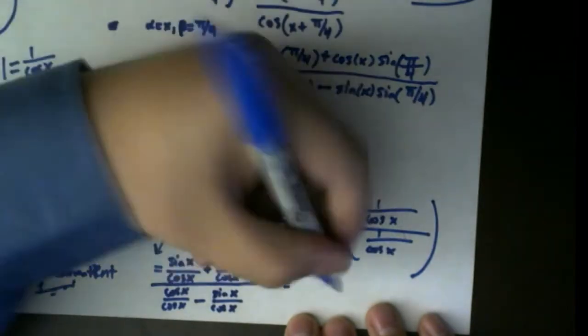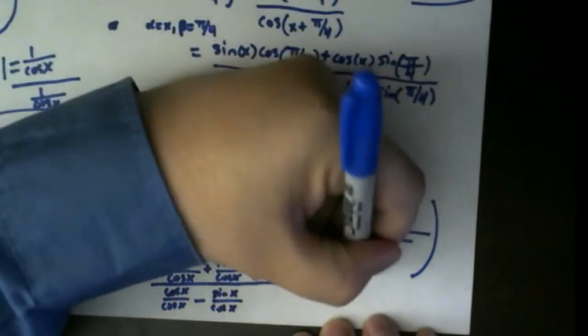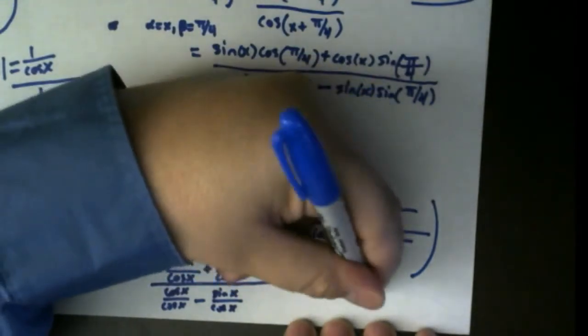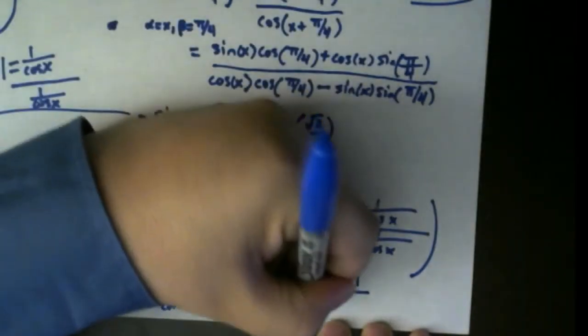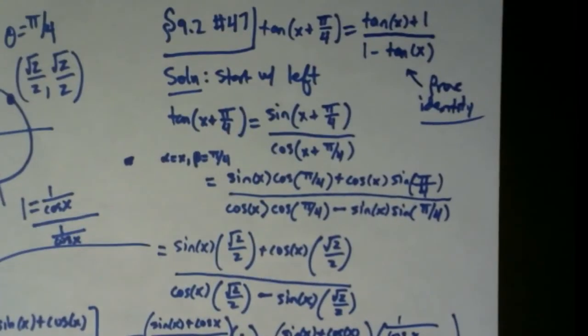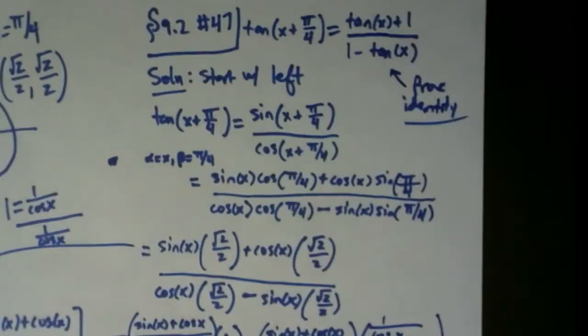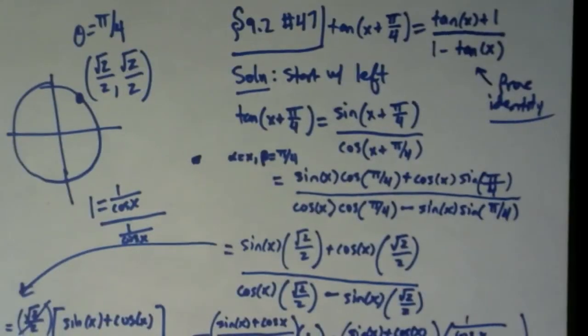Sine over cosine is tangent. Cosine over cosine is 1. Cosine over cosine is 1. And sine over cosine is tangent. And that will complete the proof of that identity, because that's where I ended up at the end of it. So like I said, these are slightly more complicated identity problems, but the fundamental principles from earlier will still carry you through.